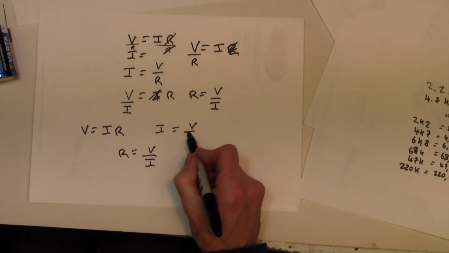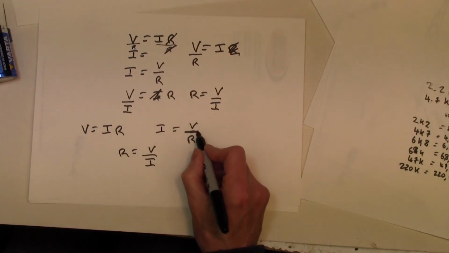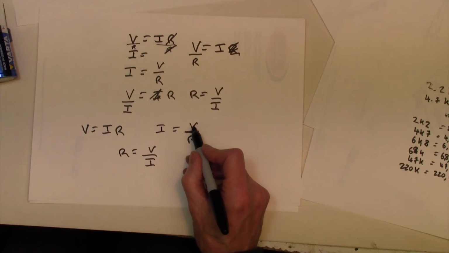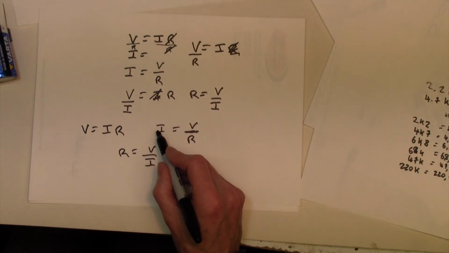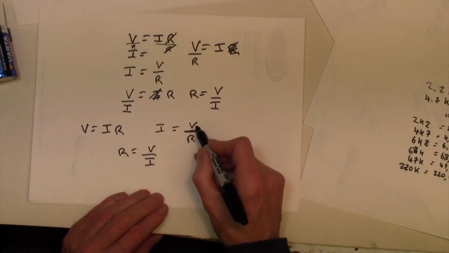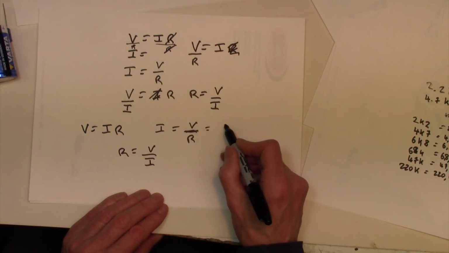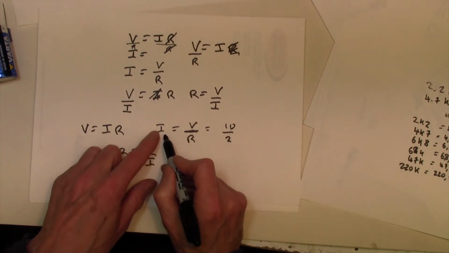Let's just kind of intuitively check whether this feels right to us. For a given voltage, if I increase the resistance, what happens to the current? Well, the current goes down. Let me prove it to you. Let's say the voltage is 10, resistance is 2, 10 upon 2 is 5, we have 5 amps.